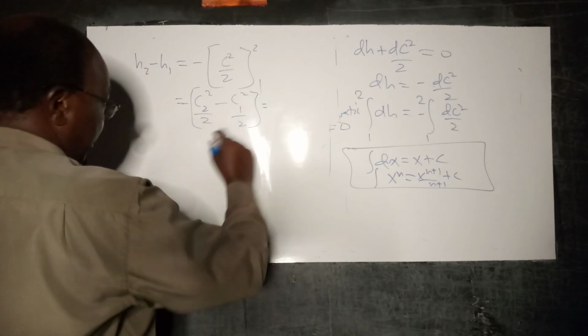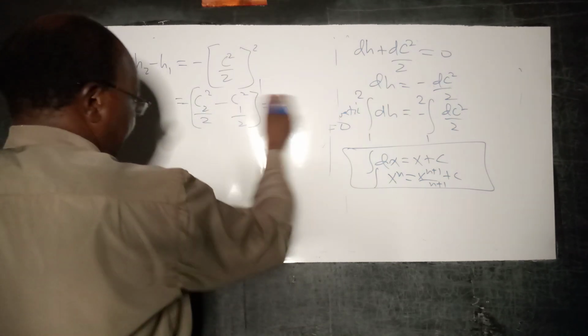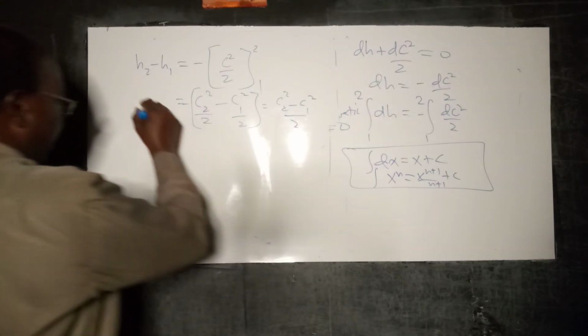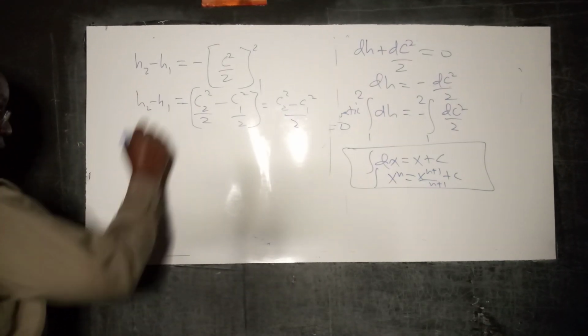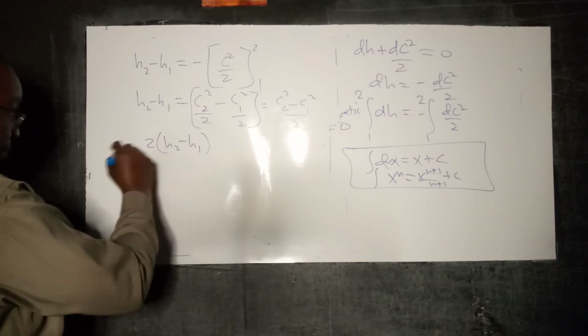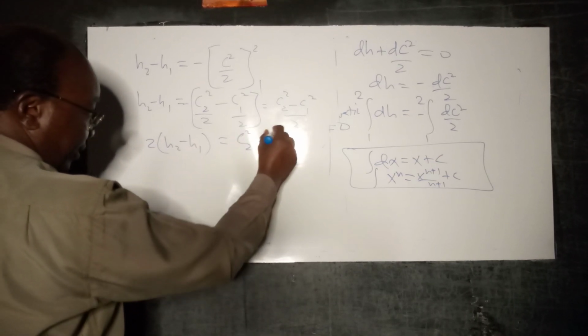And so what do we have here? If we factorize, we take the LCM, we have C2 squared minus C1 squared over 2 equals H2 minus H1. So if we cross multiply, we have 2 times H2 minus H1 equal to C2 squared minus C1 squared.